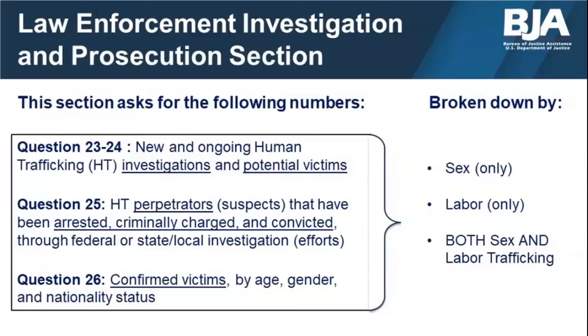In essence, these questions ask for counts related to new and ongoing human trafficking investigations and the potential victims identified through those investigations, suspected human trafficking perpetrators that have been arrested, criminally charged, and convicted, and finally, confirmed victims broken down by several demographic traits such as age, gender, and nationality status.